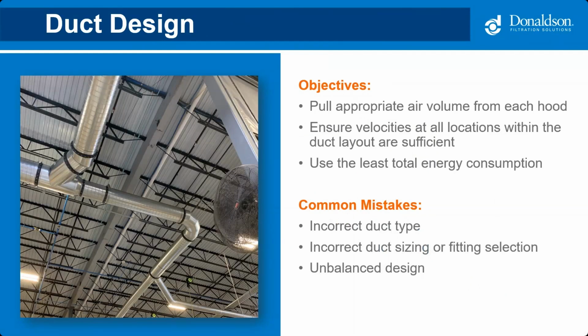A few common mistakes that we see when it comes to duct design are the incorrect type of ducting being used, the incorrect duct size or fitting being used, and the duct system not being properly balanced.